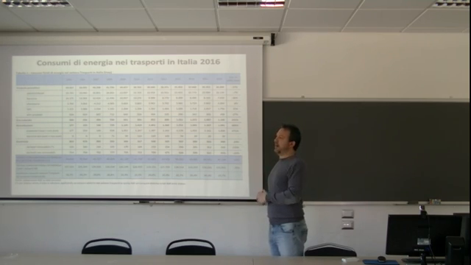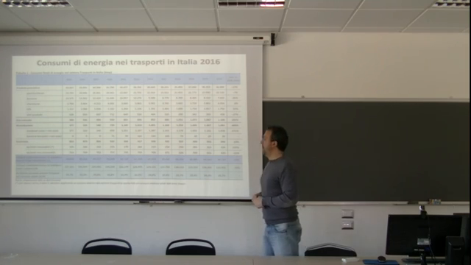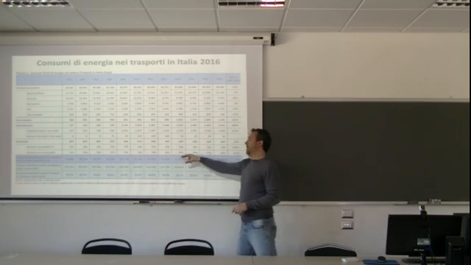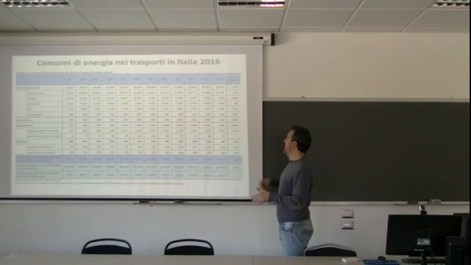Also, 1 megatoe is 1 million tons oil equivalent. And so in Italy the trend is from 44 to 40 megatoe. Okay, is it clear?